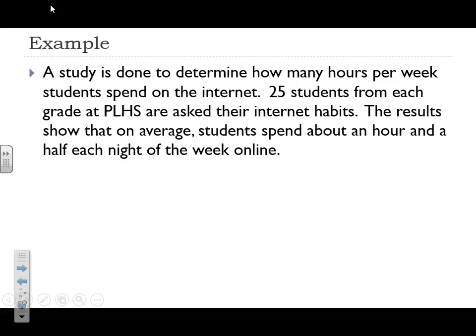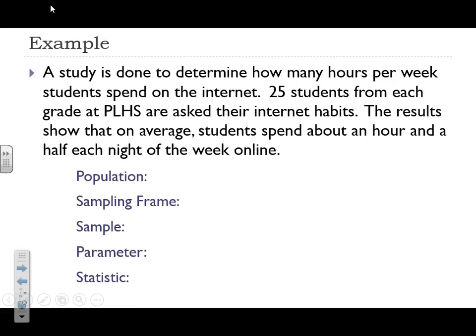Okay, so here's what I want you to do. You and a partner come up with the answer for these 5 pieces. What's our population of interest? What was the sampling frame? What sample did we take? Do we have the parameter value?